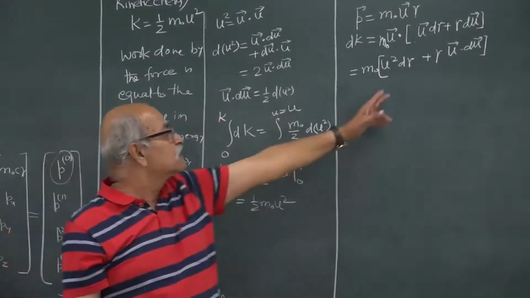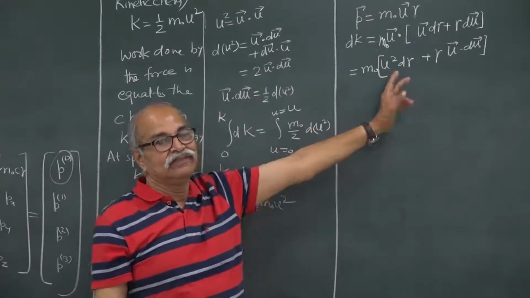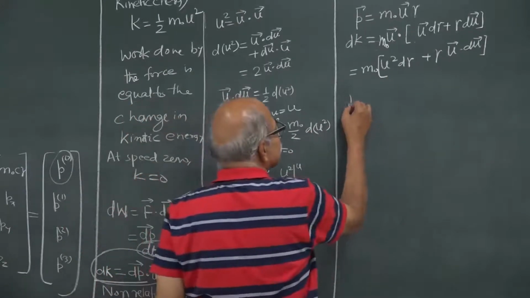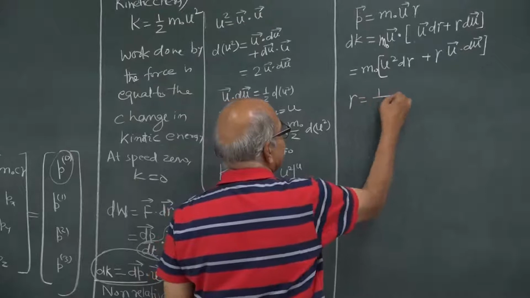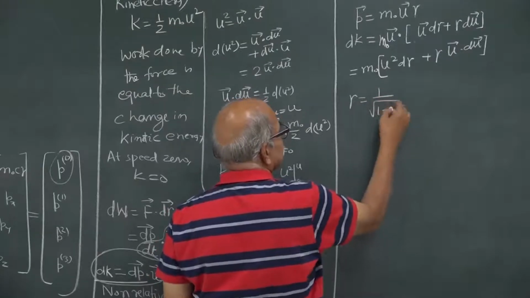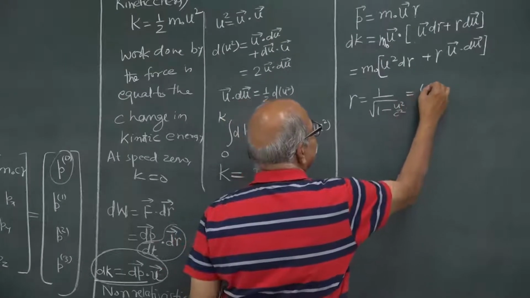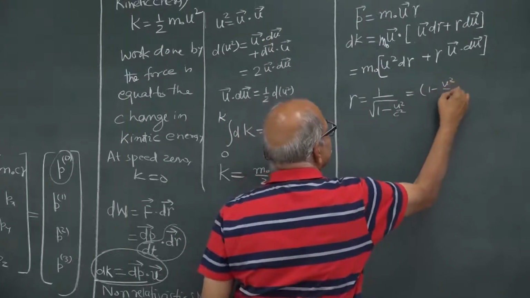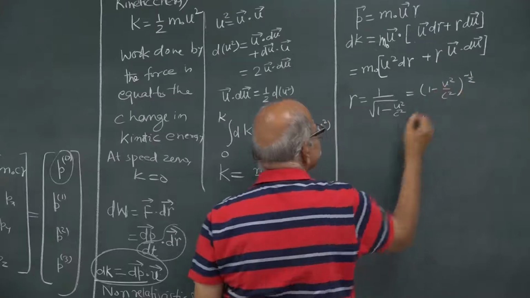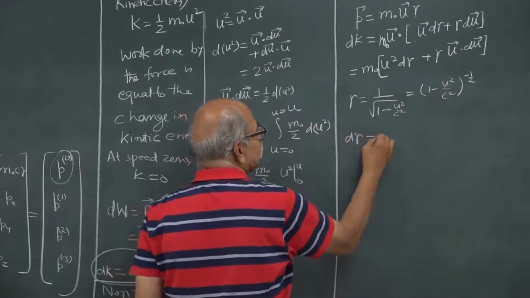Now look at this d gamma. Your gamma is 1 by square root of 1 minus u square by c square, or 1 minus u square by c square to the power minus half. So what is d gamma?